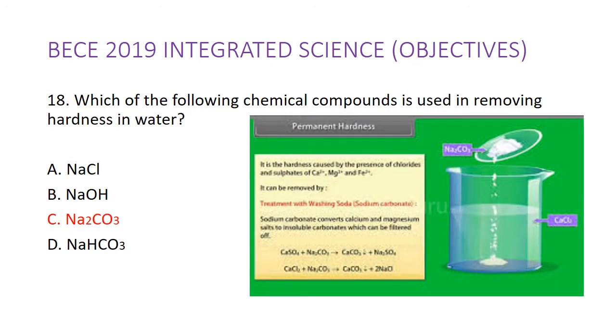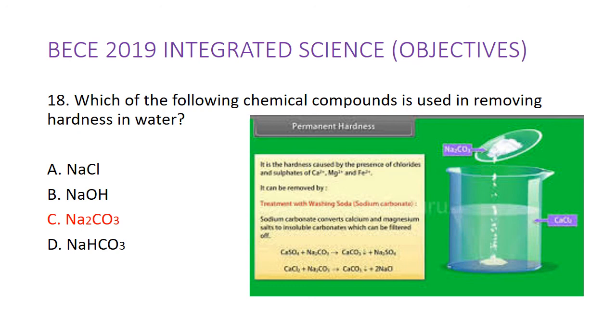Question 18: which of the following chemical compounds is used in removing hardness in water? That's sodium carbonate, a whitish substance. It is added to the water, and it will react with the minerals inside the water which are causing the hardness. Hardness in water means that there is presence of certain ions which makes the water behave in a certain way.